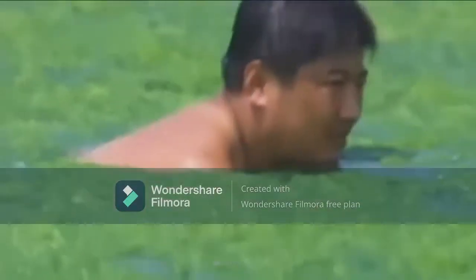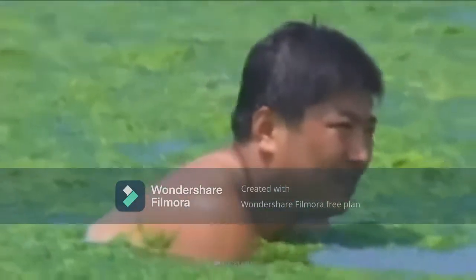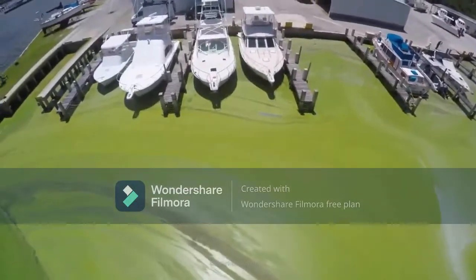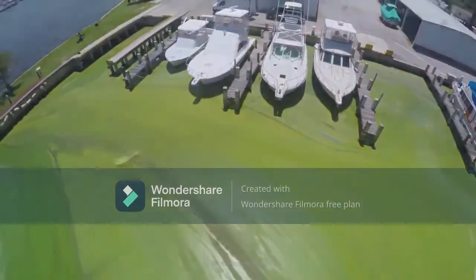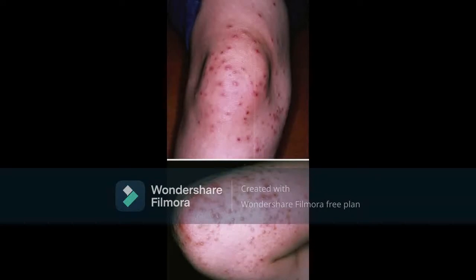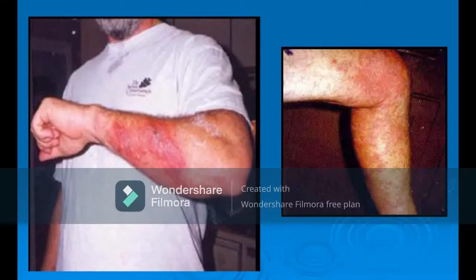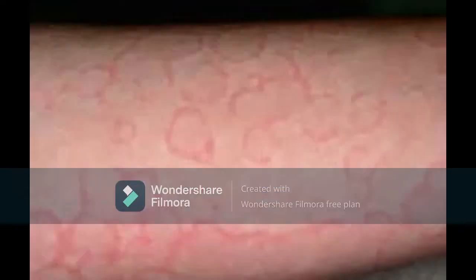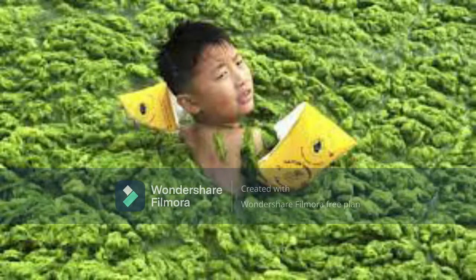Anyone who comes into touch with a body of water that contains dangerous algae, cyanobacteria, or their toxins can get infected. Skin irritation and other reactions in people and animals can vary depending on how long they were in contact with the contaminated water. It can also depend on the type and amount of toxins in the water.